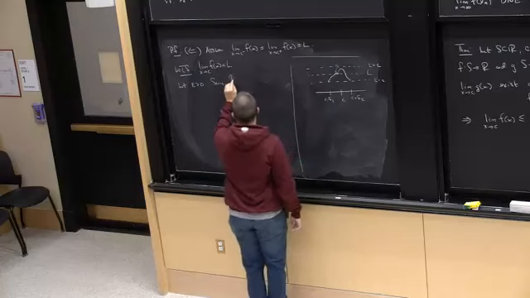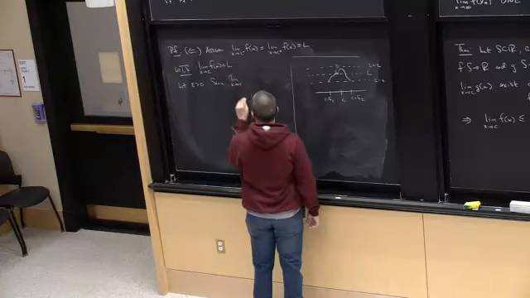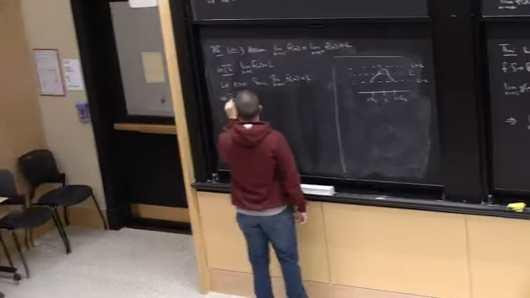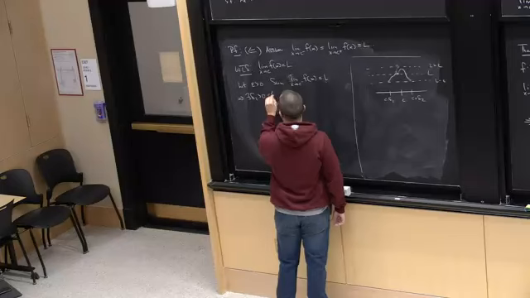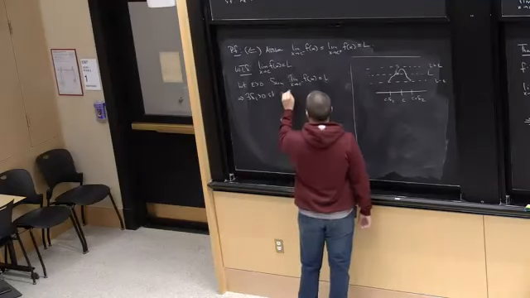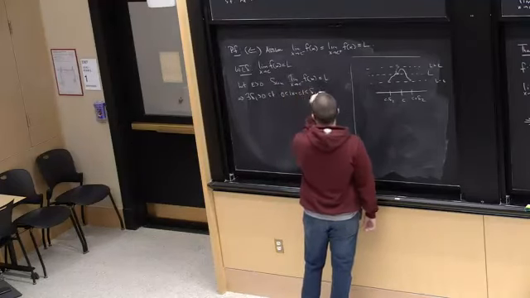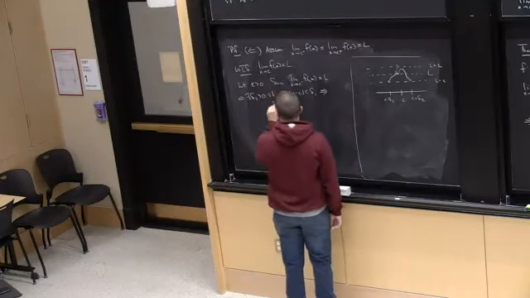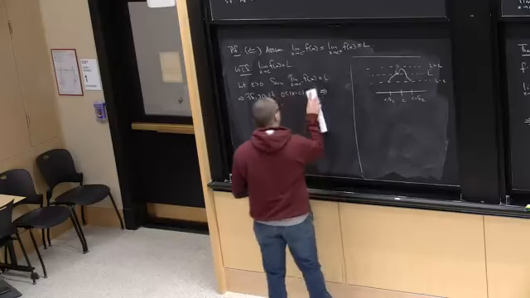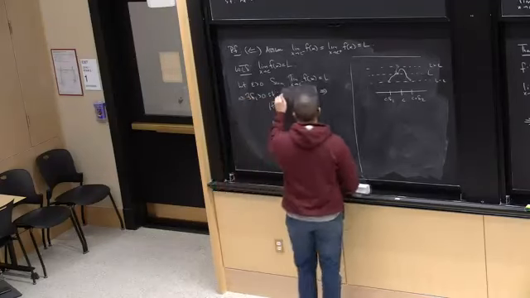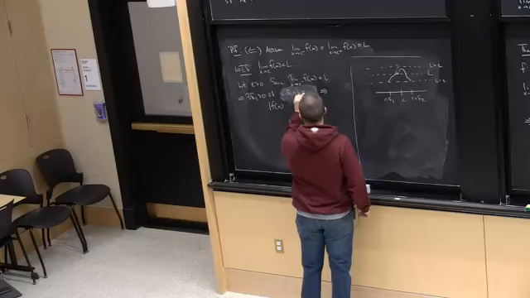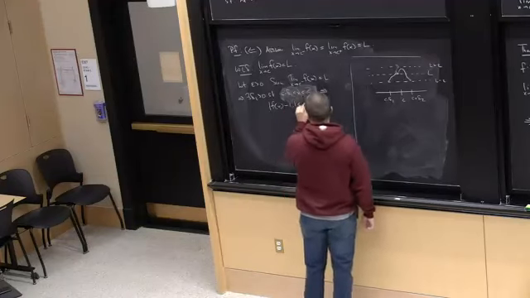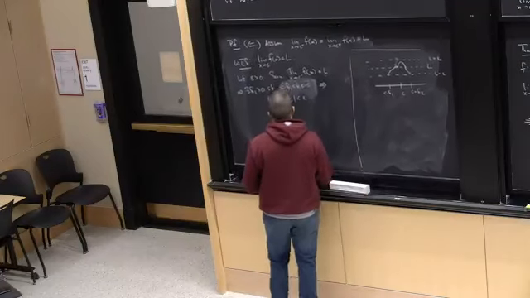So let epsilon be positive. Since the limit as x goes to C minus of f of x equals L, this implies there exists delta 1 positive such that if C minus delta 1 is less than x is less than C, then f of x minus L is less than epsilon. And similarly for the right limit.